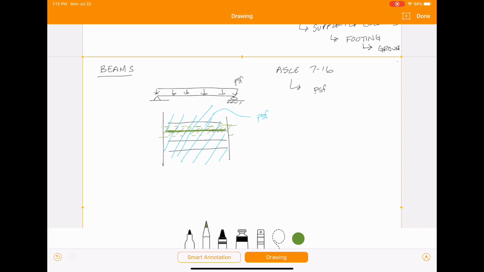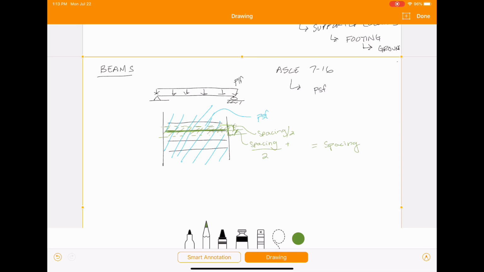We know that that distance there is the spacing divided by 2, and that distance there is also the spacing divided by 2. We need that full width, so we add those together and get that our tributary width is equal to the spacing of the beams.